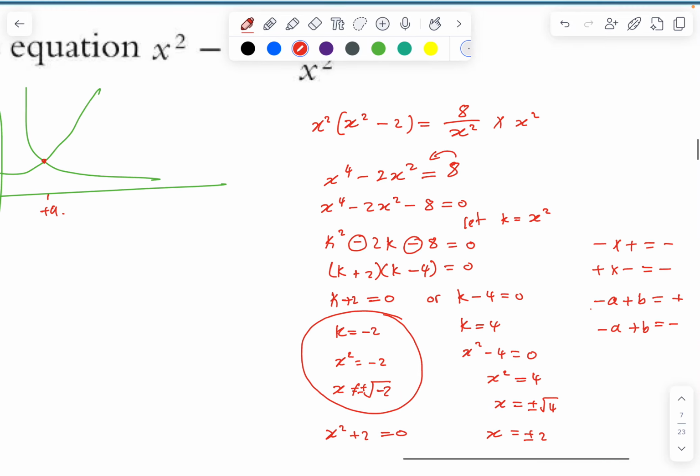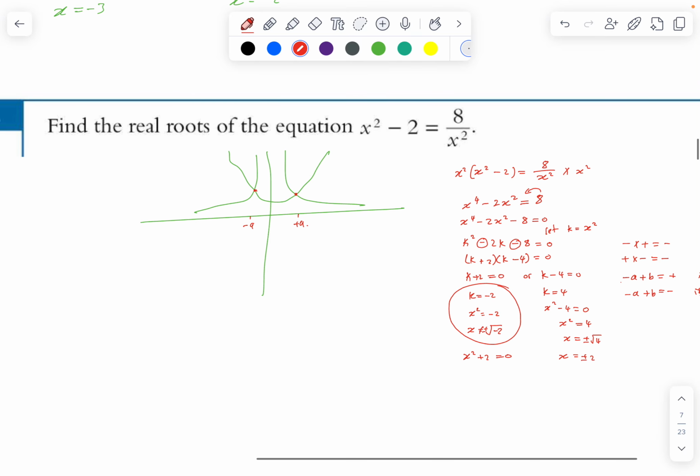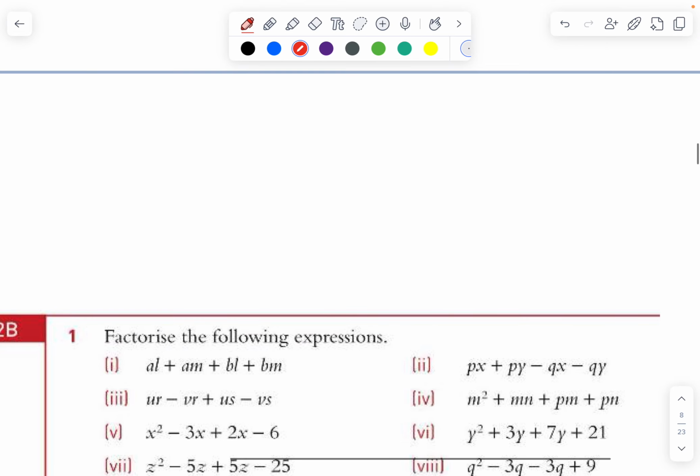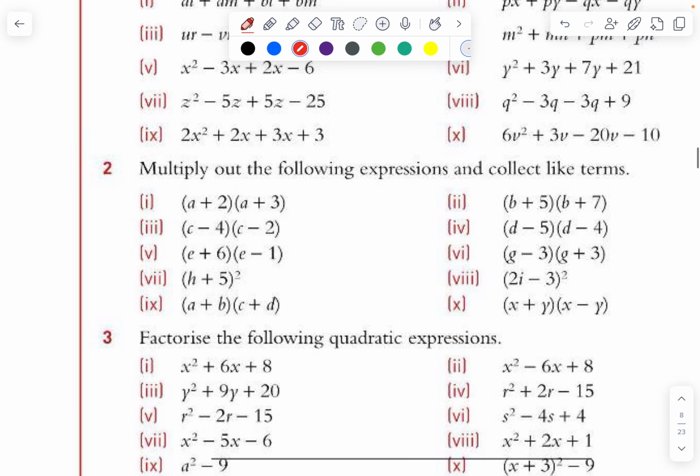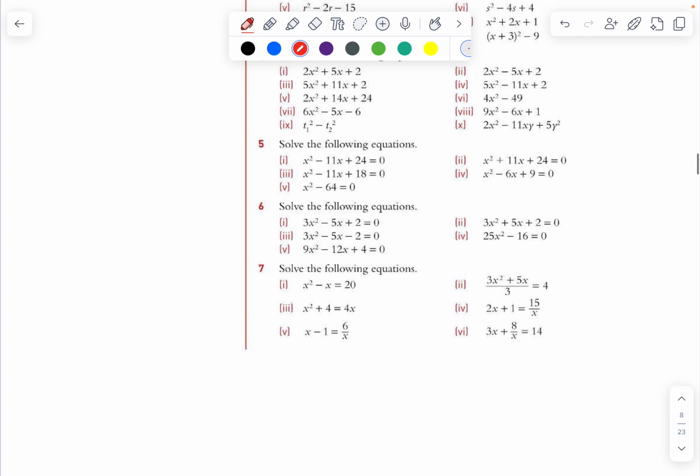Okay, so that's all for this. Those are the two answers. They didn't ask for the y value because these are not original equations. They're just teaching you how to factorize. And here you can do these questions. I believe you have the open PDF, so you can try to see how these things can be done.